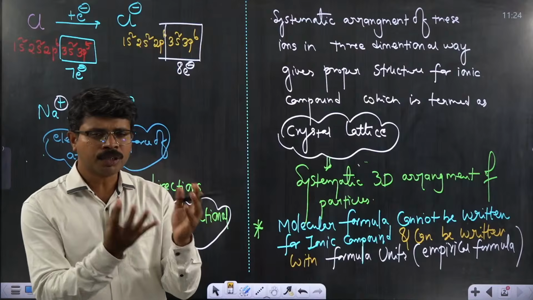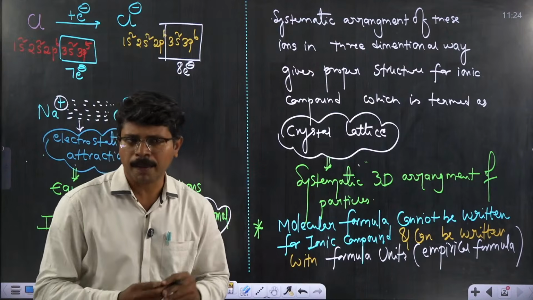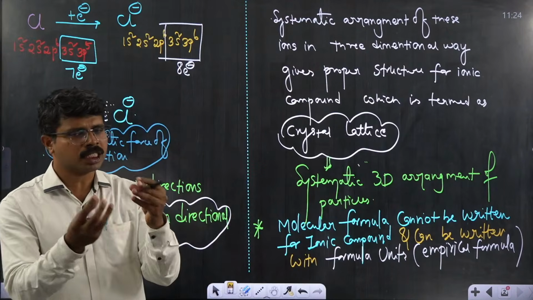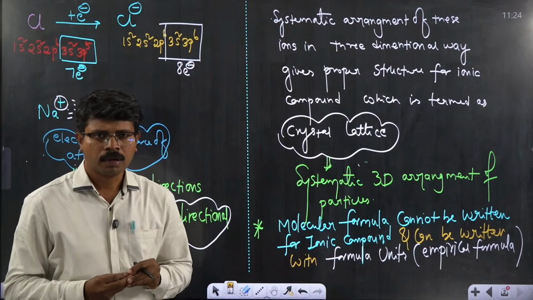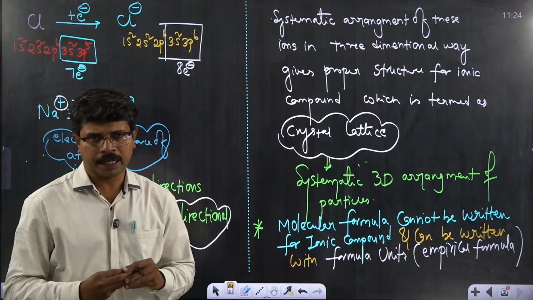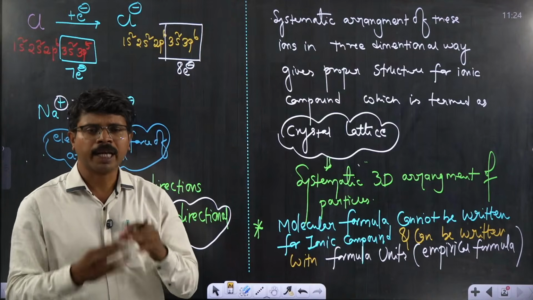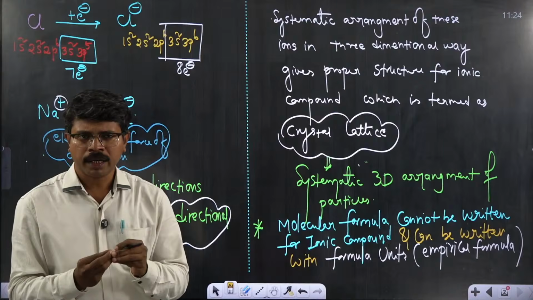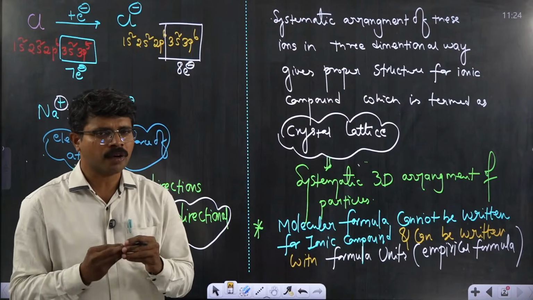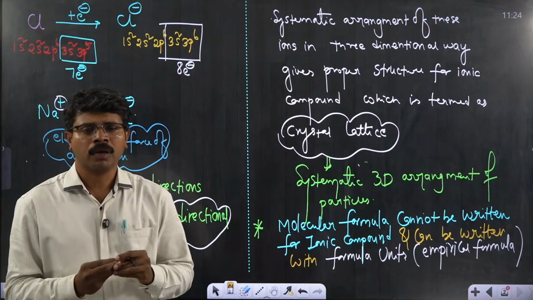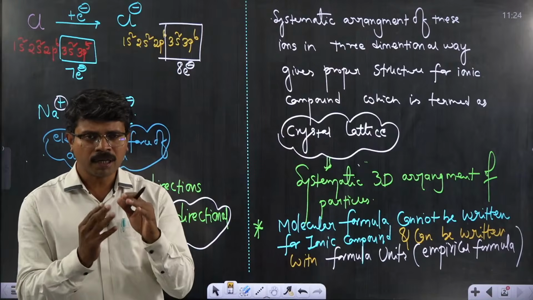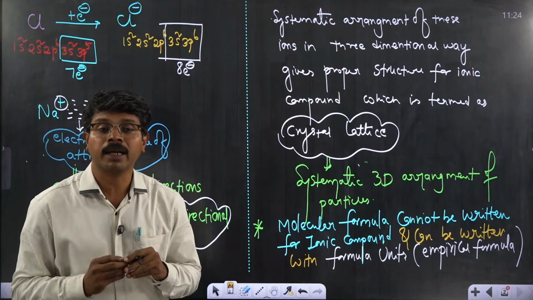Molecule story is for covalently bonded compounds. Molecule is the smallest particle of compound which exists independently. Here, ionic compounds do not exist like molecules. That is the reason why we won't write molecular formula for ionic compound. There is no meaning of molecular formula in the context of ionic compound.